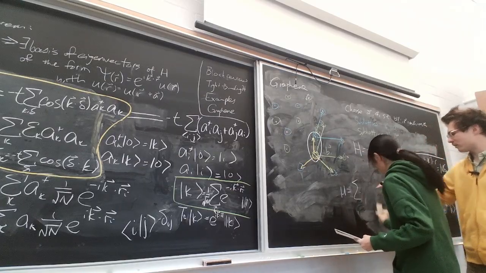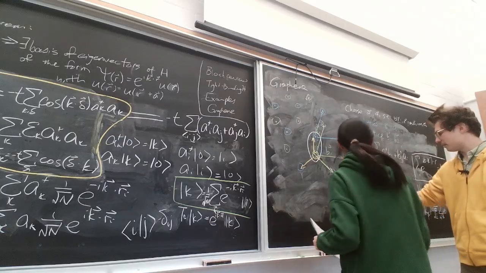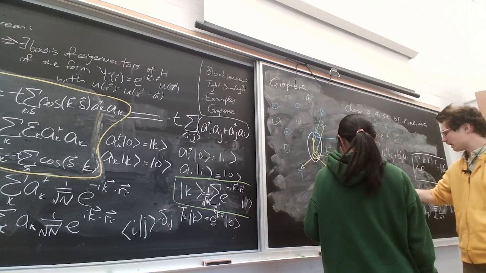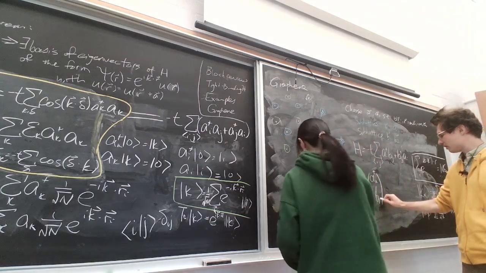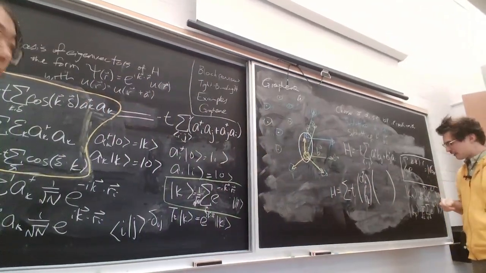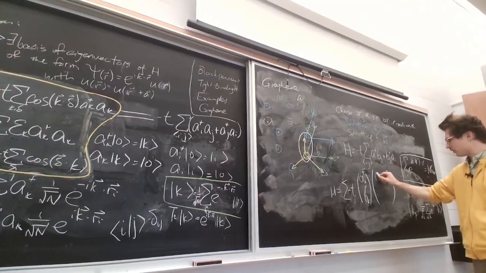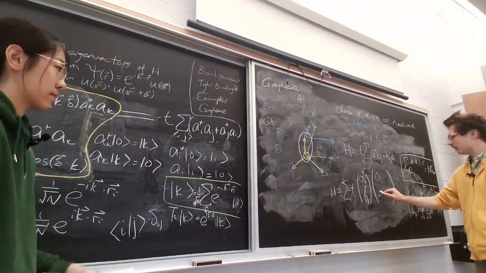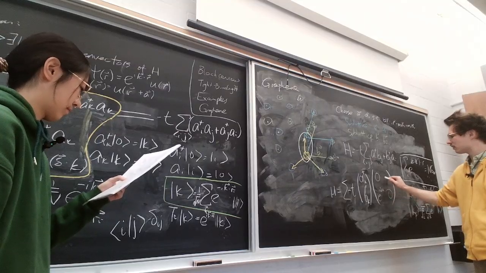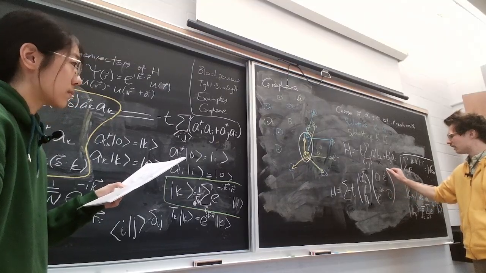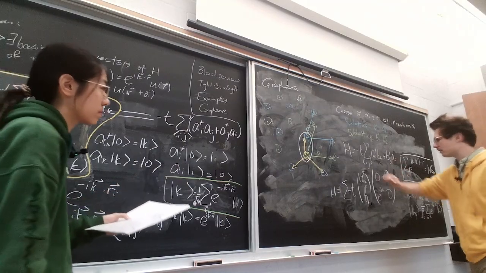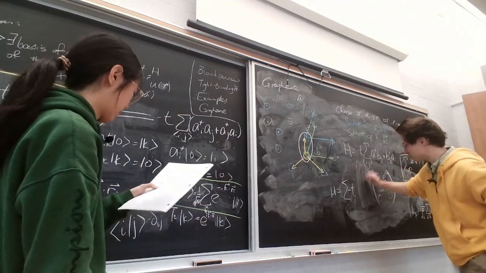I'll get minus T, and you will get A_K dagger, B_K dagger, then a matrix. The matrix is 0, 0, e to the minus i delta dot K, and here it's e to the i plus. Whoops, sorry, I make the same mistake. This should be a row vector.